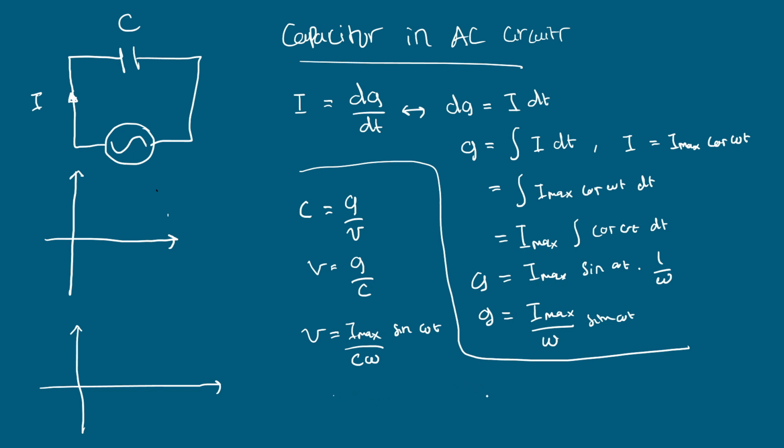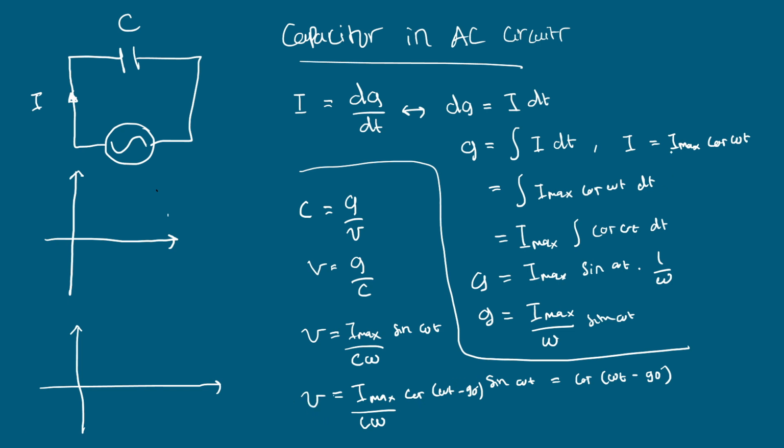Then, as we know, sine omega t is equal to cosine omega t minus 90 degrees. So we can see here that there is a change in the phase of the signal. So we're going to have I max cosine omega t minus 90 degrees, divided by C omega.